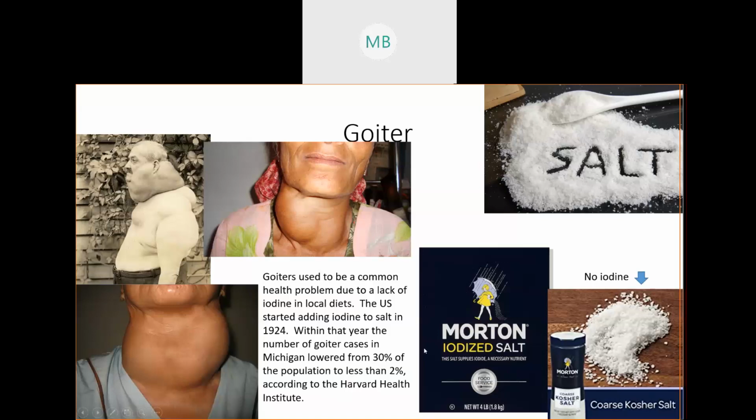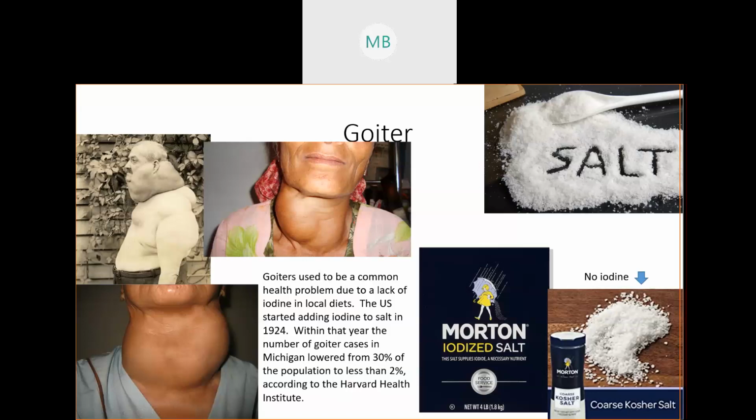A key note I would like to point out is a current trend in the food industry has been to sell kosher salt recently, because why not? It's fancier to cook with and looks decent. But if that's the only salt in your diet, you are not getting iodine, because part of what makes kosher salt kosher is the fact that iodine is not added to it. So some health food people who have switched completely from regular iodized salt to kosher salt are no longer getting that iodine.